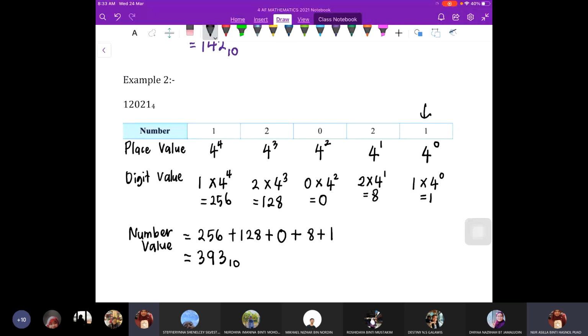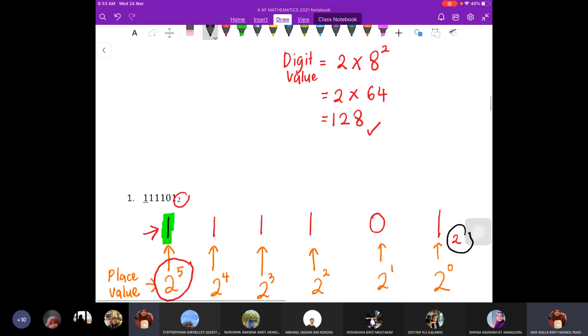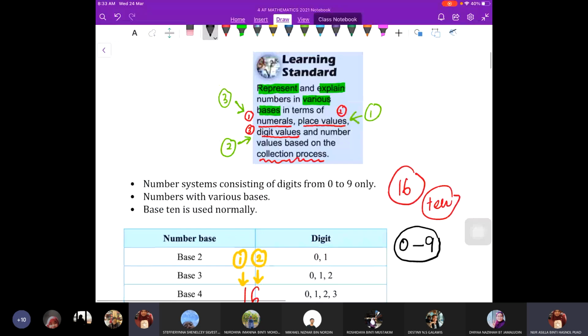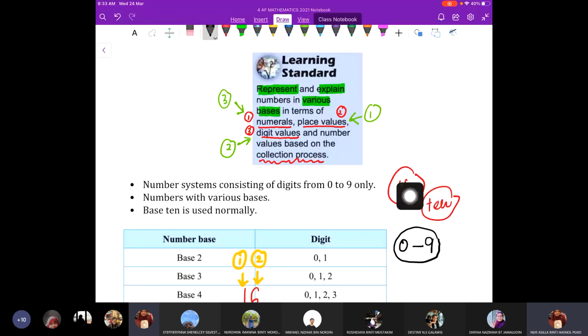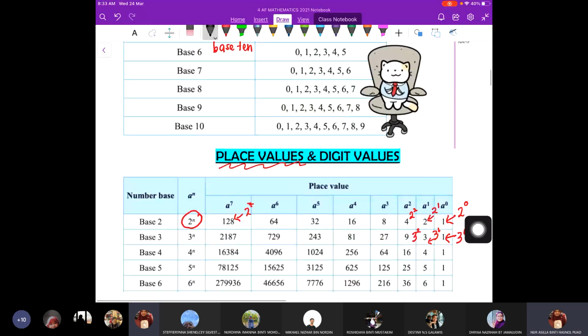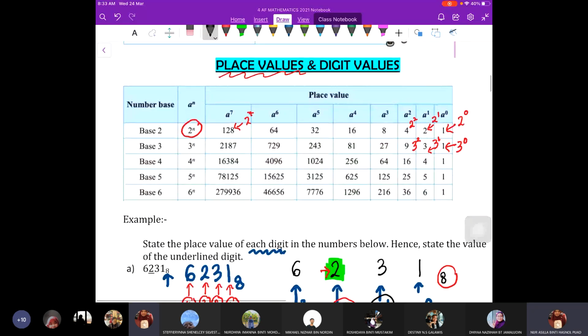the first learning standard. Learning standard first adalah kita nak represent and explain numbers in various bases, dalam term numerical, place values dengan digit values. Okay, so kita dah ada place values and digit values.